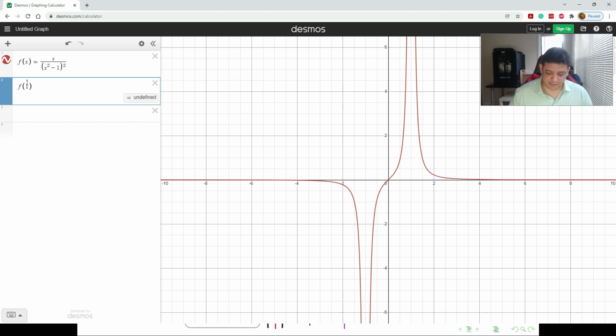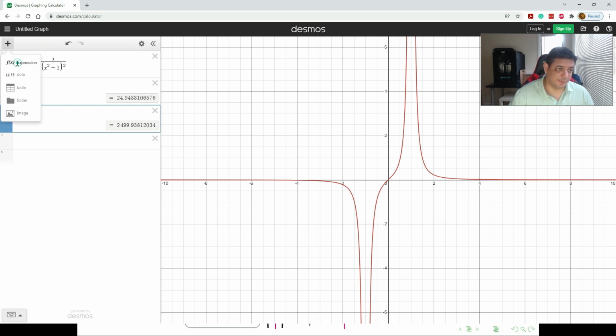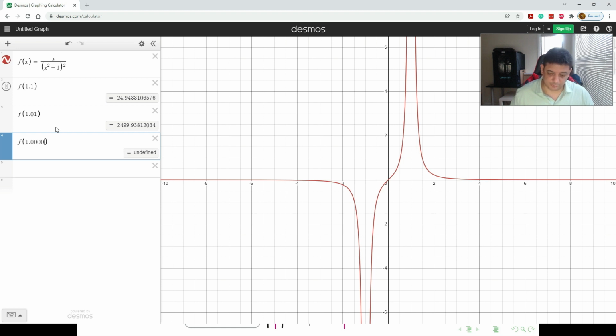For example, I can have f of 1, which is going to be undefined, but I can check f of 1.1, and I can check f of 1.2 or 1.01, and I can check f of 1.0001. And so you can see that this value every time is larger and larger, but positive.